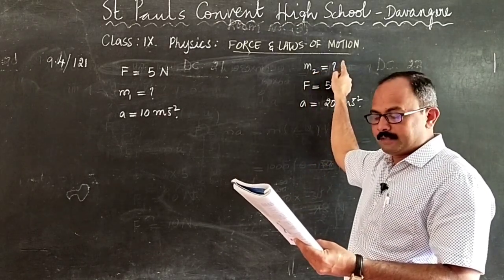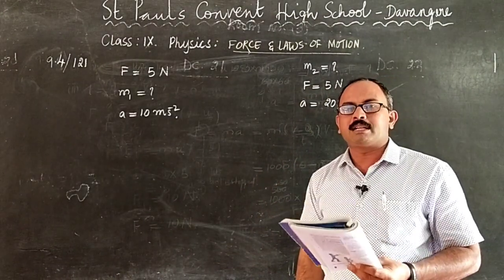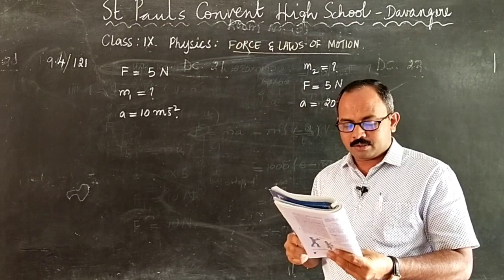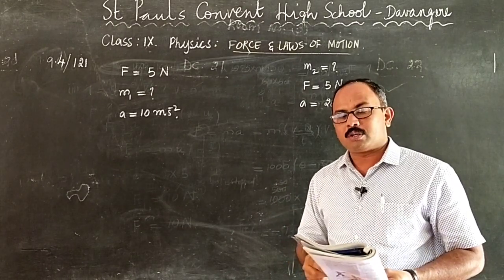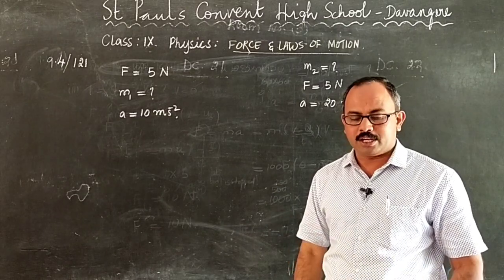The same amount of force, F is equal to 5 Newton, is applied, which produces acceleration of 20 meter per second square. What acceleration would it give if both masses were tied together?